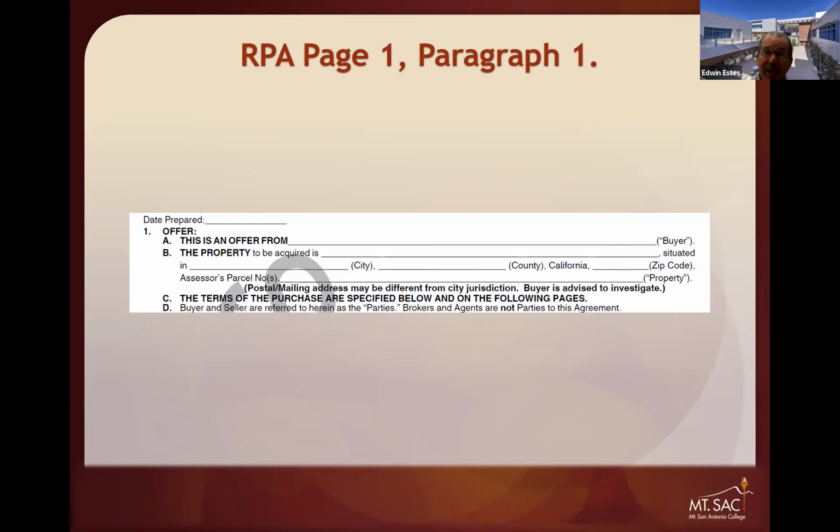And the reason for that is with all this talk about ADUs and the state mandating for local authorities to allow or facilitate the subdivision of parcels, you may be listing a property with one street address, but there may be more than one actual parcel there. So they've given you a little bit more room for assessor parcel numbers.